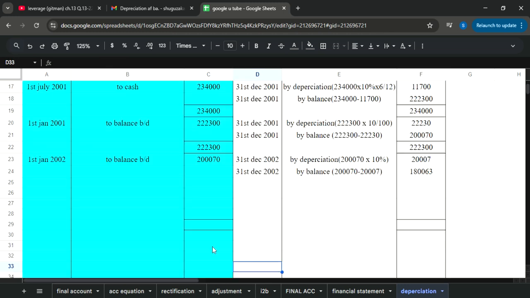Now you will be calculating your value of total. Total of this side is 2,000,070, and here you will calculate this amount, 2,000,070, and here you will check the sum.